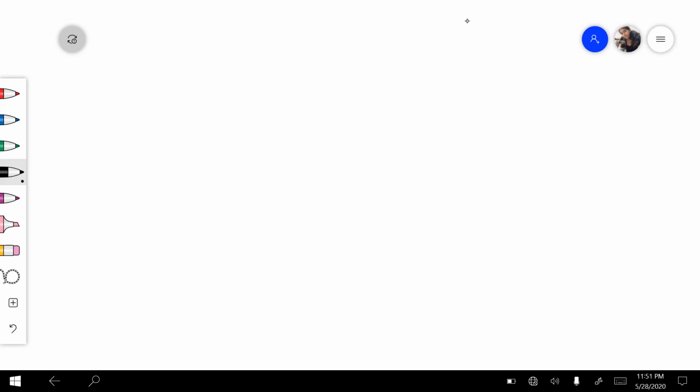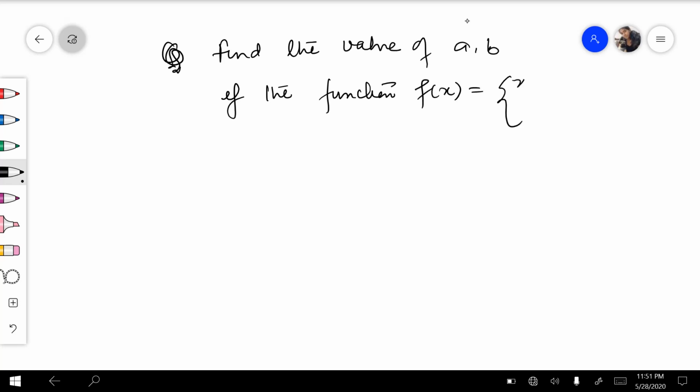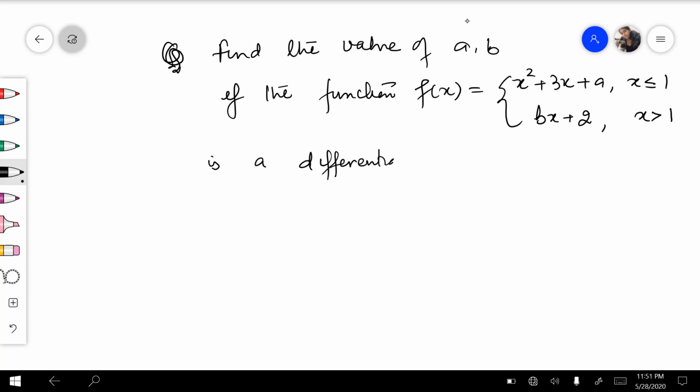Find the value of a and b if the function f of x equals to x square plus 3x plus a when x is less than equal to 1, and bx plus 2 when x is greater than 1 is a differentiable function for every x belongs to R.